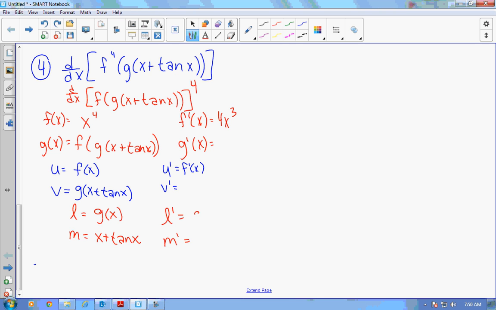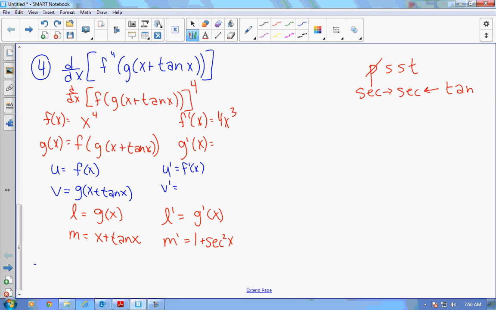G prime of x, right? Okay, again, if you remember, you're telling a secret to your neighbor. Secant, tangent. So what is the derivative of tangent? Secant squared. So we'll have the derivative of x is 1 plus derivative of tangent is secant squared of x.